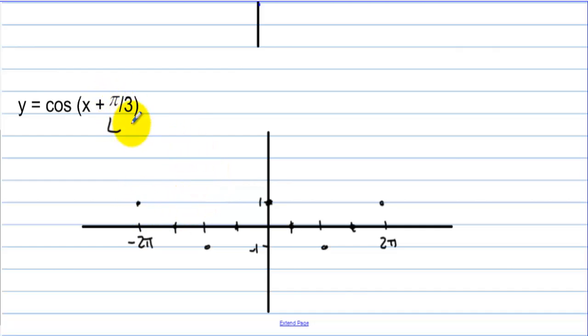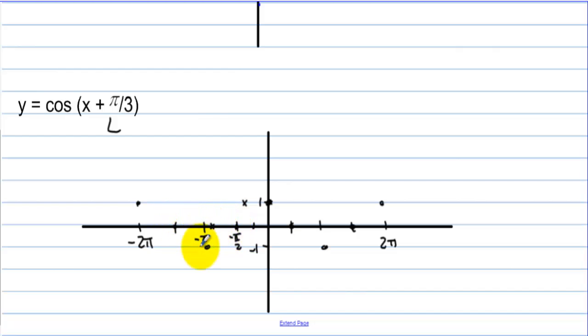Now we have to decide how much we are going to push. How much is pi over 3? Well, if this is negative pi, and this is negative pi over 2, half of this would be pi over 4, so there's negative pi over 4. Pi over 3 is a little more than pi over 4, so this mark is going to be pushed almost pi over 2.